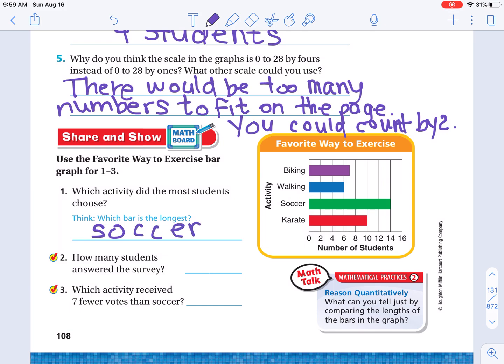Question number 2, how many students answered the survey? Well, to find that answer, we need to add up all of the bars.